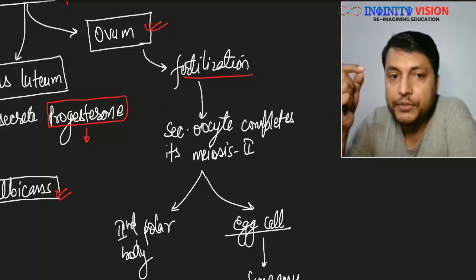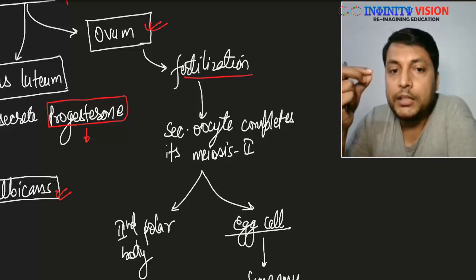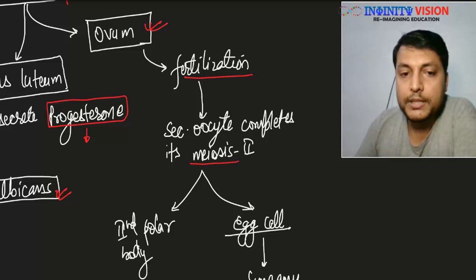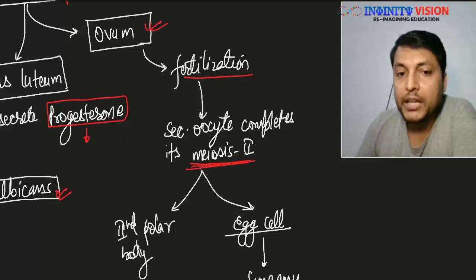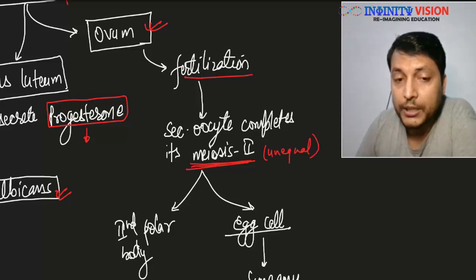Now with the help of this one centrosome that contains a centriole, the secondary oocyte will be able to complete its meiosis 2.